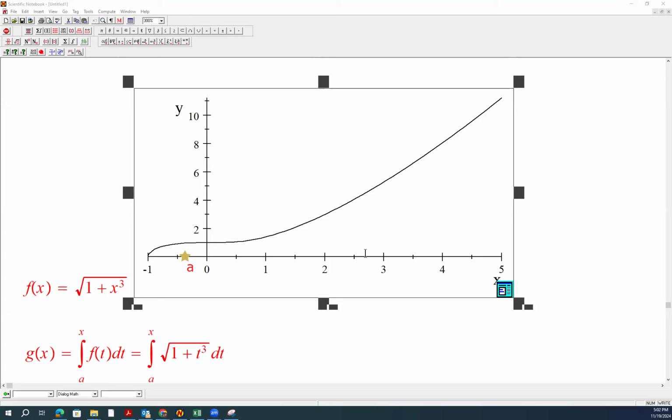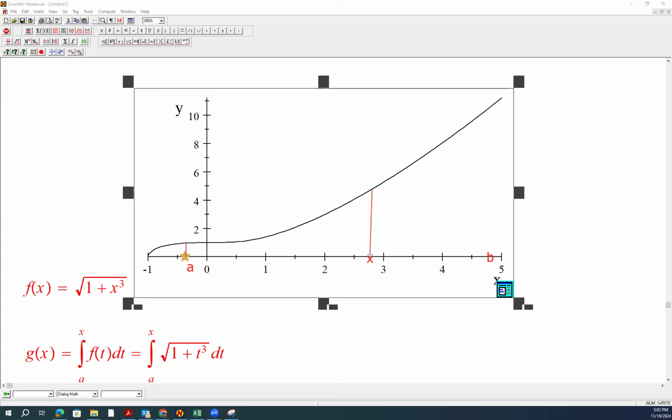And there's another place I'm going to choose to be x. So another point, which is x. And of course, b is somewhere here. The integration from a to x would be the area underneath the curve between a and x.